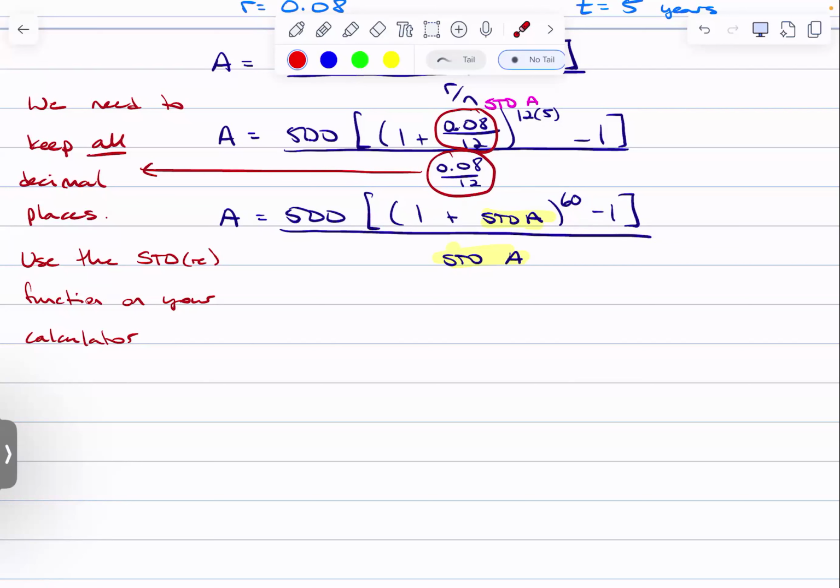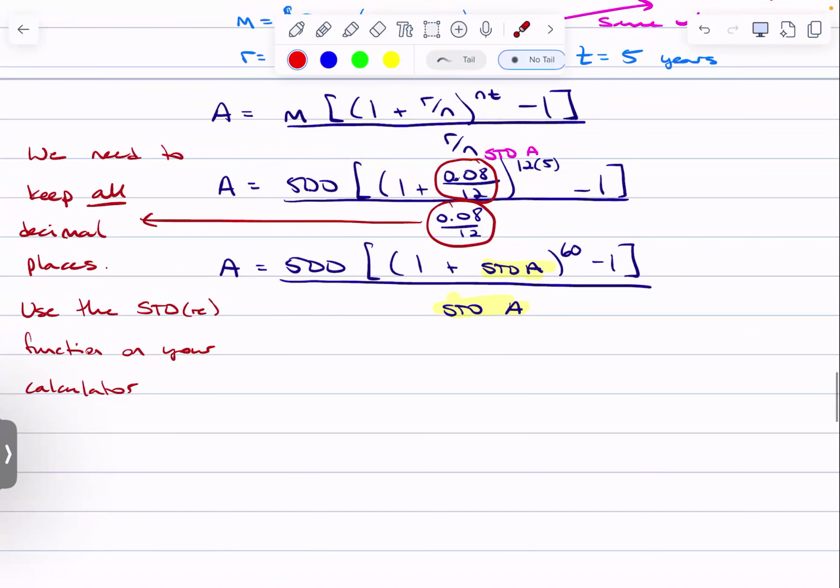You do not need to write out all these steps because that's a waste of time. Usually, once you have enough practice, then you know that you're going to take your r over n, then add 1, then to the power of n times t, then minus 1, then times m, and then finally divide by the bottom.